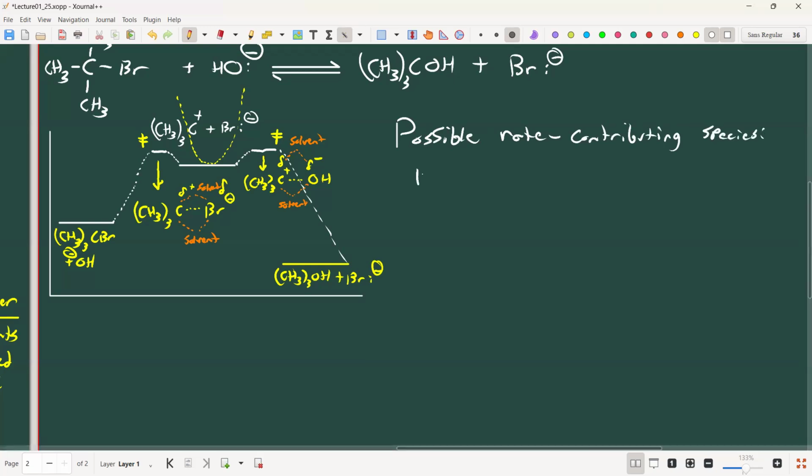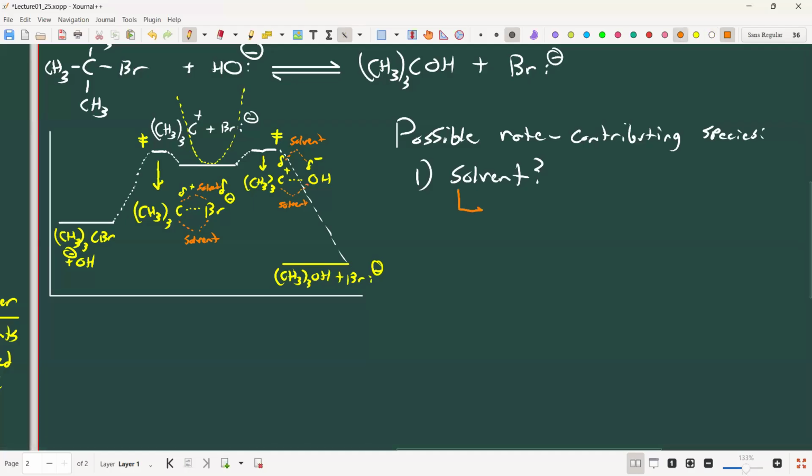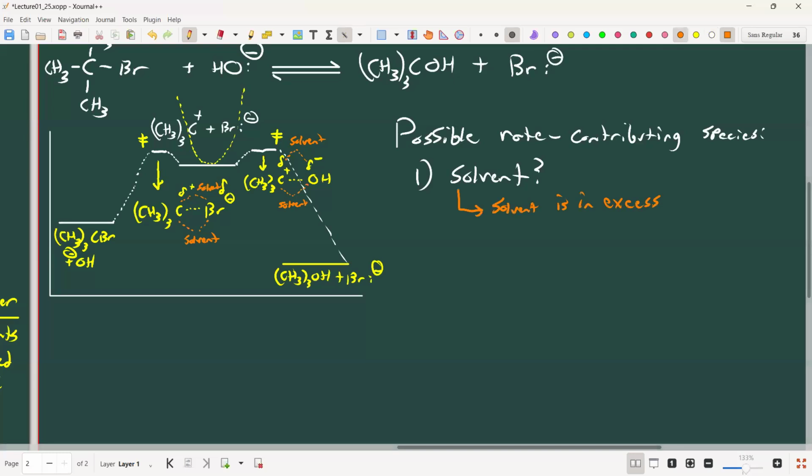All right, well, one obviously is the solvent. Maybe the solvent contributes to the rate, right? Because the solvent stabilizes the ions. So maybe the solvent will change things, but the solvent doesn't change the kinetics, right? Because the solvent is in excess. And from the point of view of the reaction, having twice as many solvent molecules makes no difference.